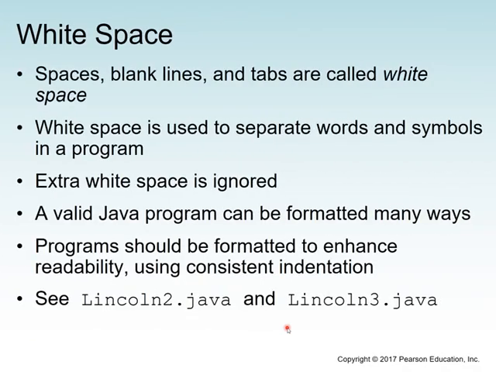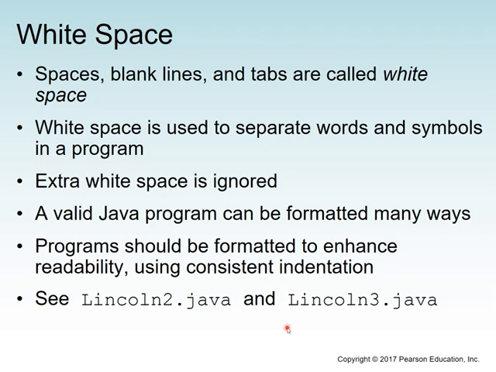So what about making our program look readable or easy to read? Any sort of blank lines, tabs, spaces, things like that are called white space. Pretty straightforward, that. We use it to separate words and symbols in a program, just the same as we do when we write words to write an essay or a letter or something along those lines.